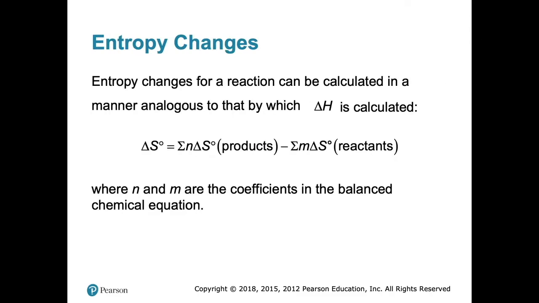So then how do you calculate the change in entropy? It's actually very similar to the way we calculate the change in enthalpy, right? You did the change in enthalpy in Gen Chem 1. It's almost the exact same equation.